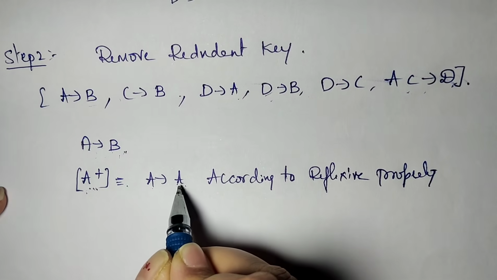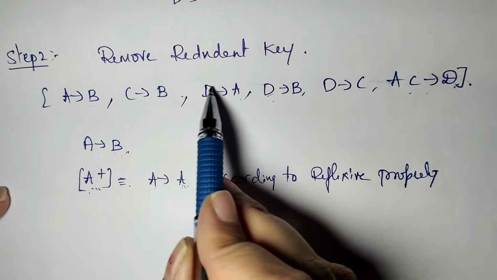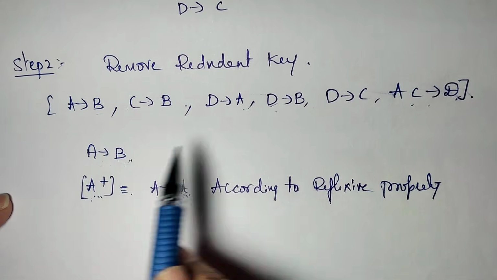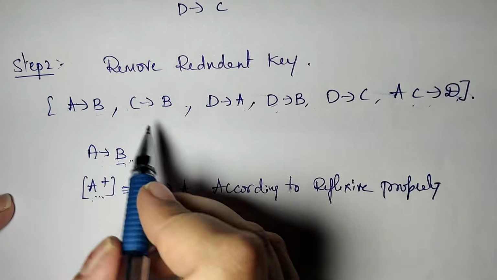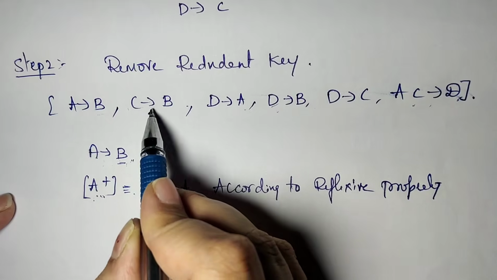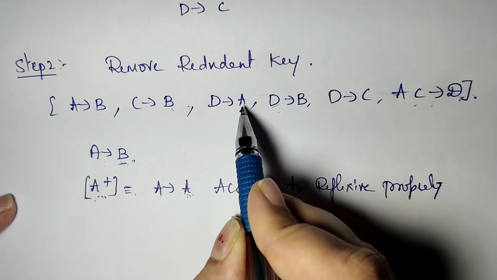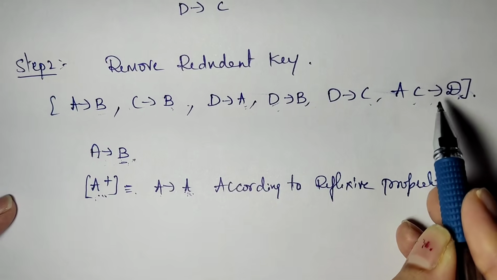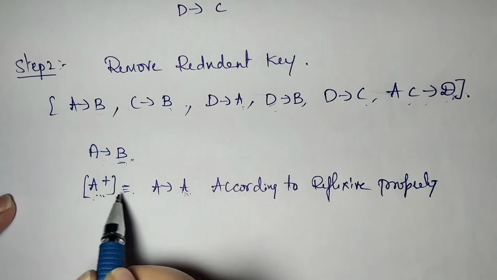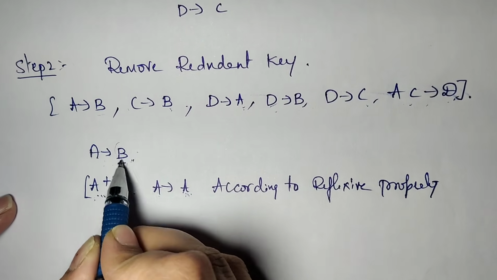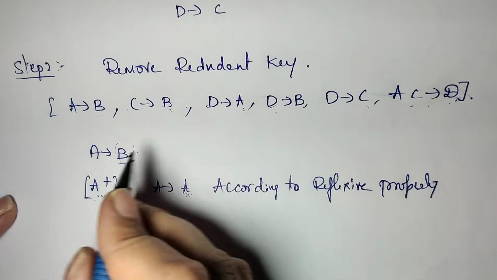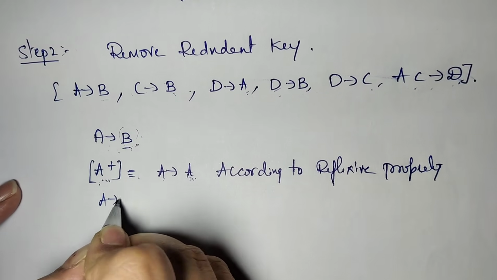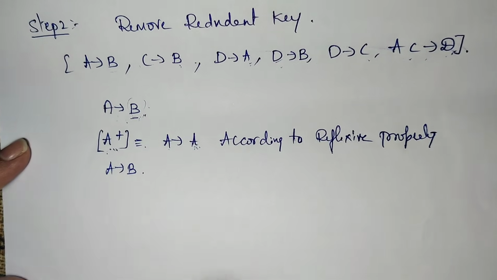Now if you observe the other sets carefully, we can't determine B from them. D tends to A, D tends to B, D tends to C, AC tends to D. If we remove A tends to B, we won't get B from the other sets, so it's not redundant. A tends to B remains as it is.